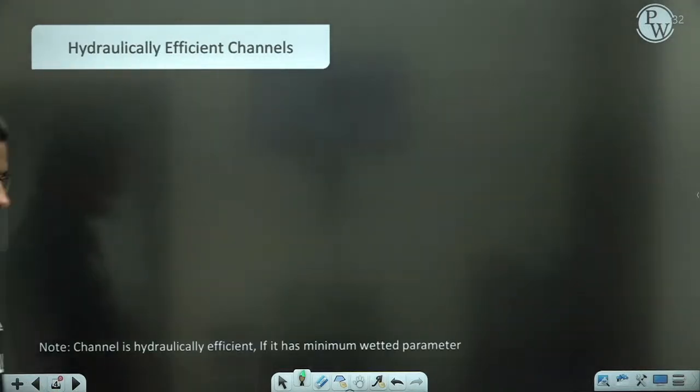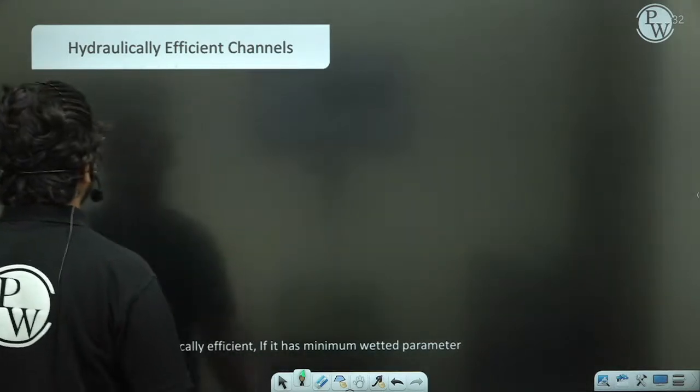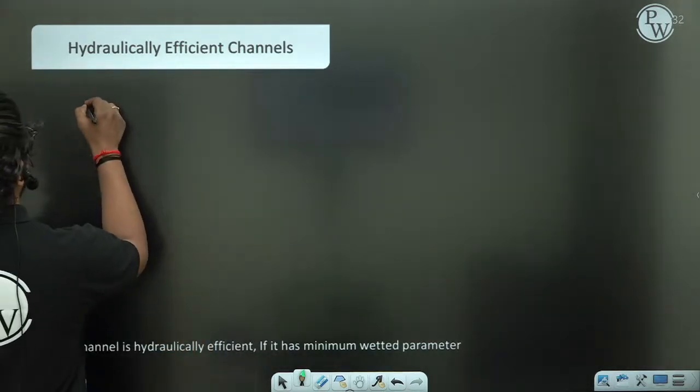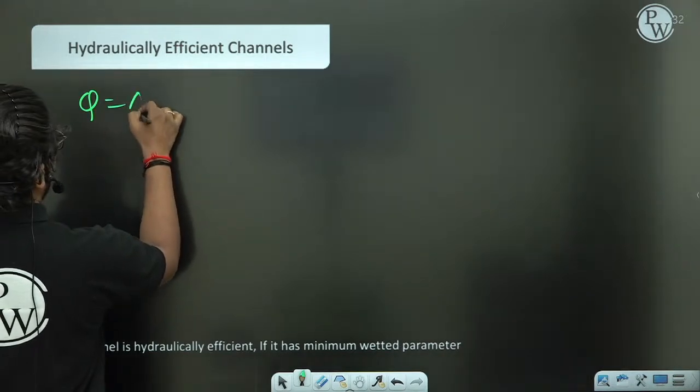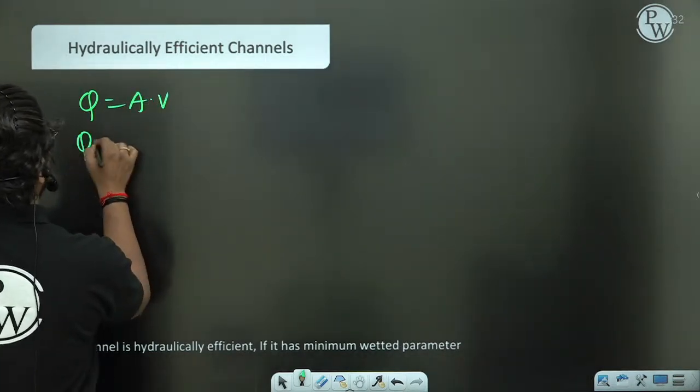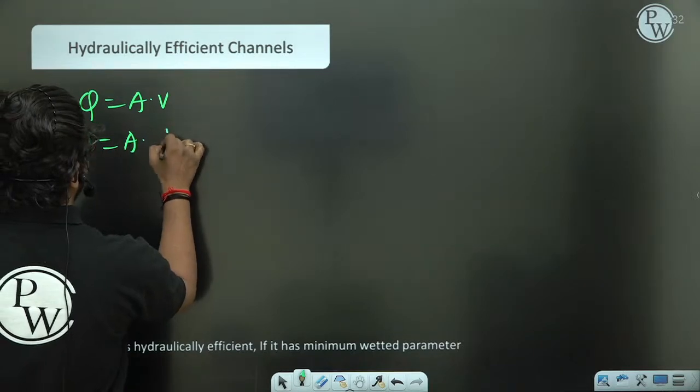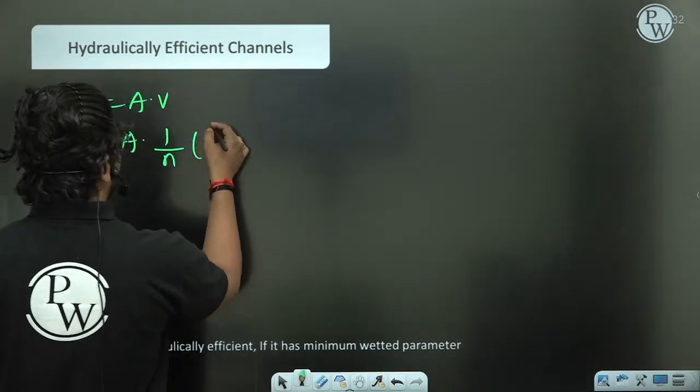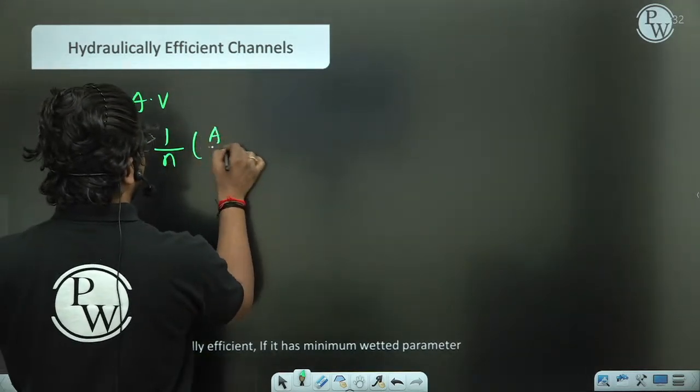Okay. Now in a hydraulic efficient section, you are focusing more on maximum discharge. So Q equals area into velocity, that is Q = A × (1/n) × R^(2/3) × S^(1/2), where R is area by perimeter.